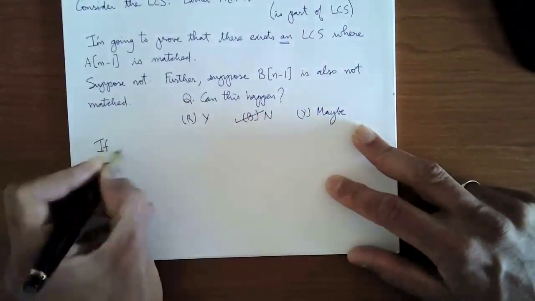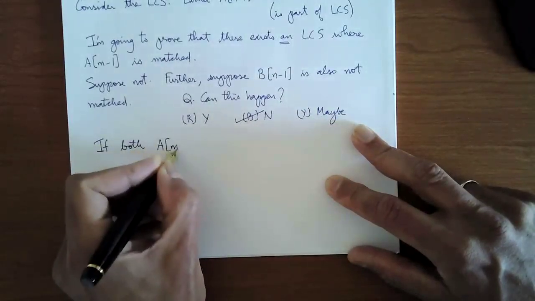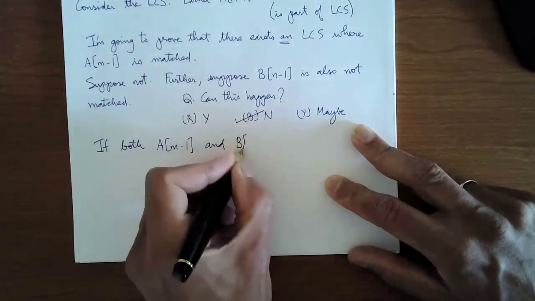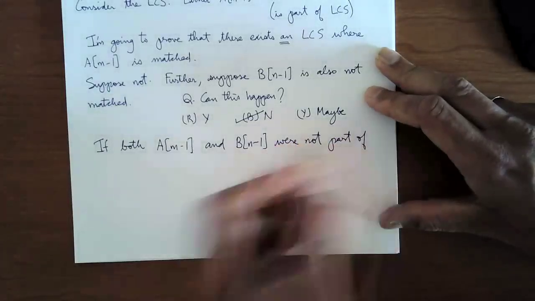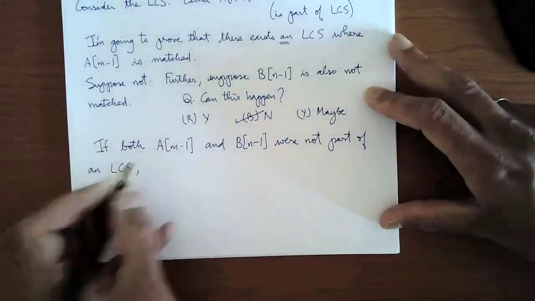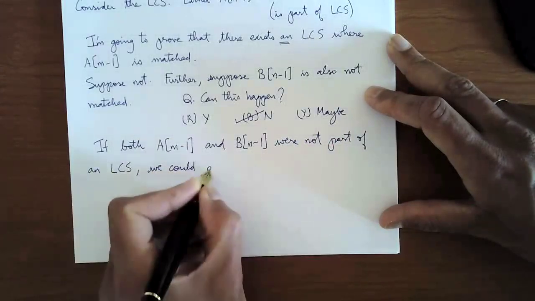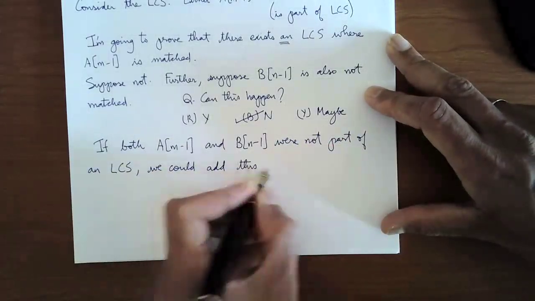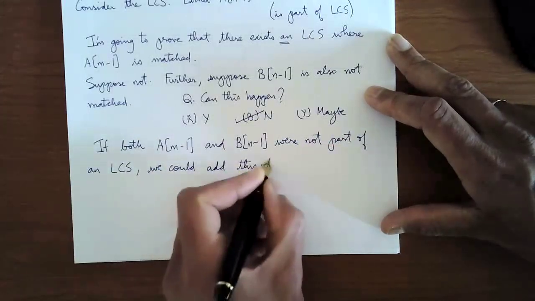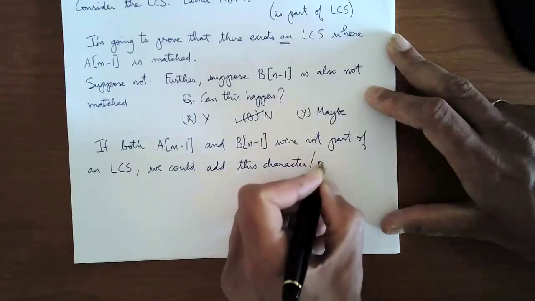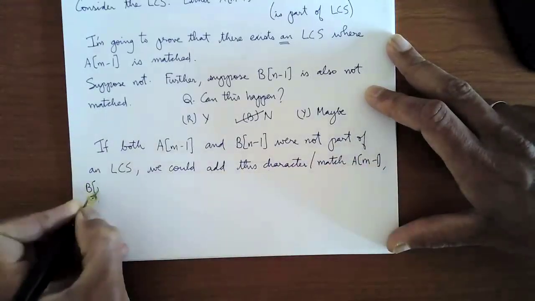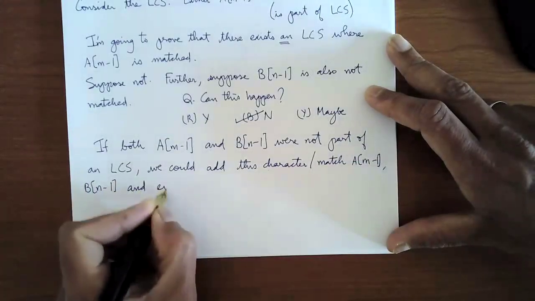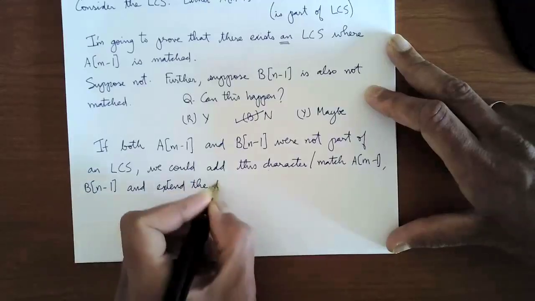So this cannot happen, because if both am-1 and bn-1 were not part of an LCS, we could add this character, since we know it's the same character, or we could match am-1 and bn-1 and extend the longest common subsequence.